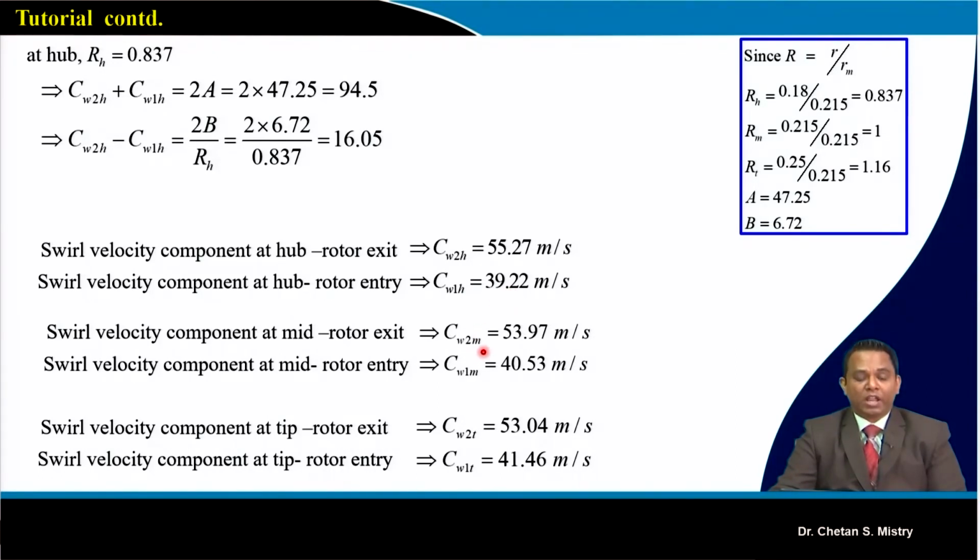For the mid station, at the exit we get 53.97 meter per second, and at the entry 40.53 meter per second. In line with that, at the tip we can also calculate: my CW2 at the tip is 53.04, and at the entry it is 41.46 meter per second.